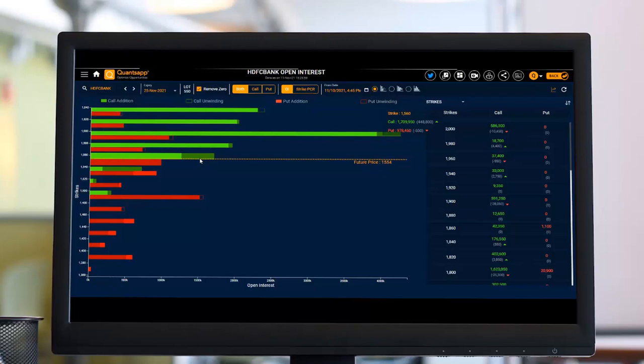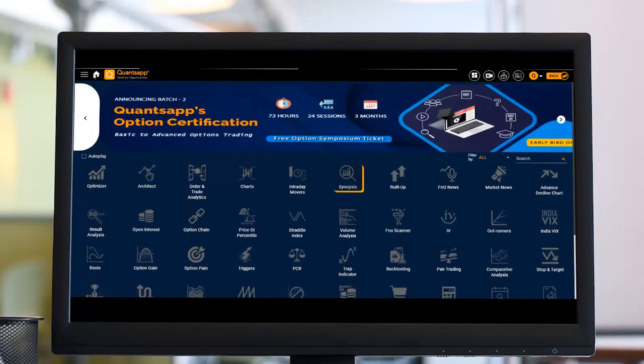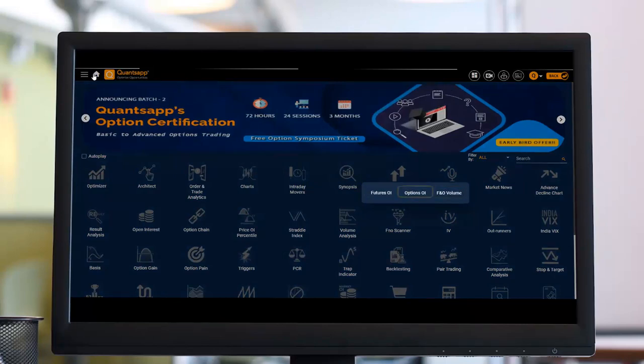A pressure has been created with a broken support. Directly support gets added at 1540. So that is how it will help us from having a bias in an instrument until going ahead and analyzing it in the open interest tool.